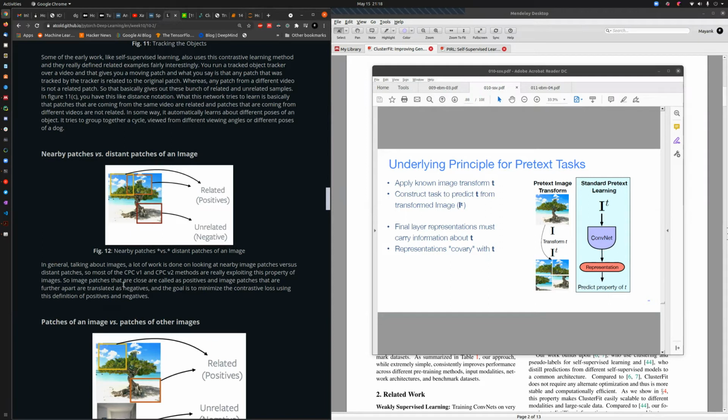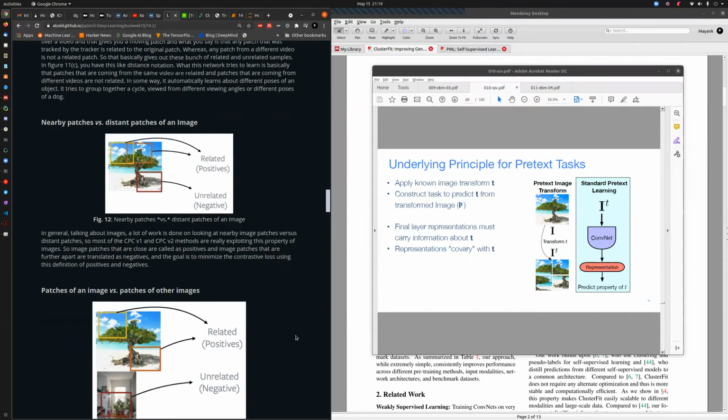Then these guys talk about the nearby versus the distant patches of an image. This is the CPC V1 and V2 methods. What they do here is take the positive and negative image patches with the goal to minimize the contrastive loss.